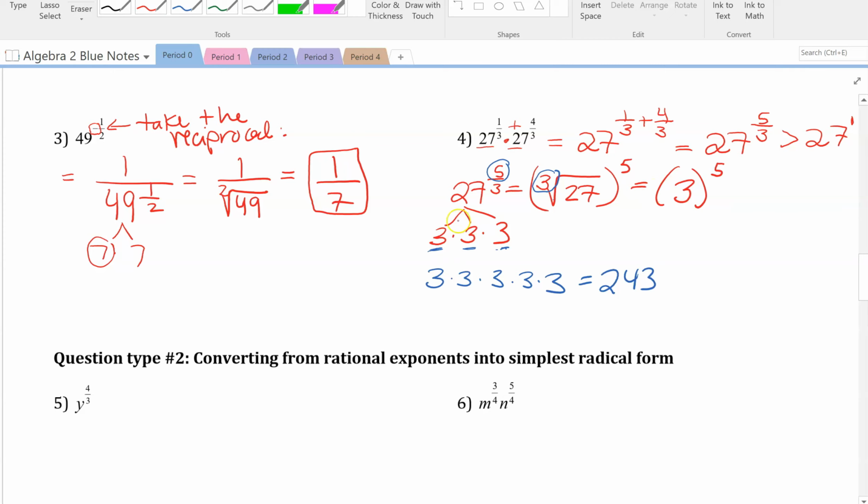That's a cube root, in this case 3. And then I'm saying, okay, I need 5 of those. So I need to take that cube root of 27, which is 3, and raise it to the power of 5. Multiply it to itself 5 times to get to 243. So this process is using the key concept number 2 from earlier in your notes. And this concept is using the idea from our PowerPoint.